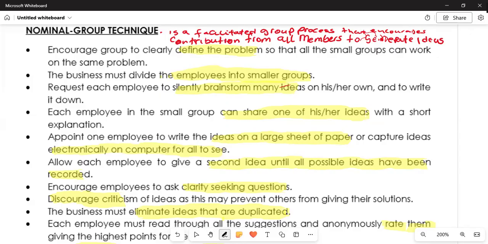So this is where now it is all about participation. It makes sure that all members are going to participate. They are going to bring out their ideas.